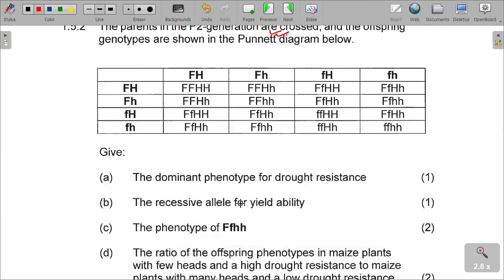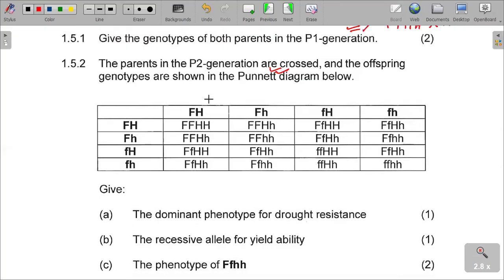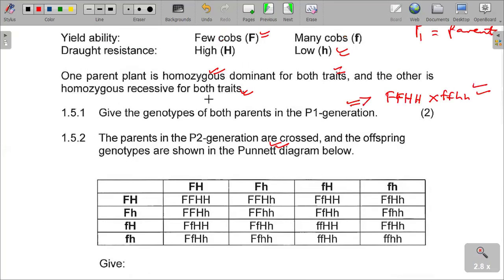So the question is saying, give the dominant phenotype for drought resistant.